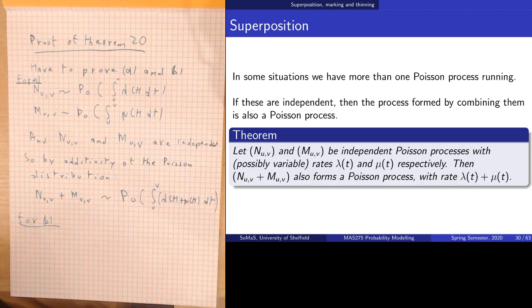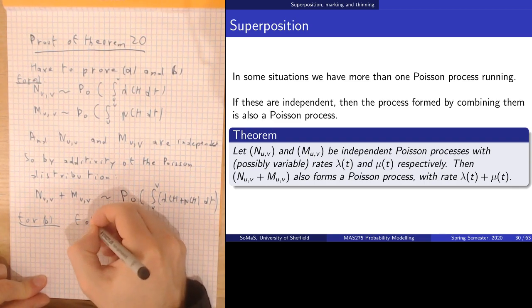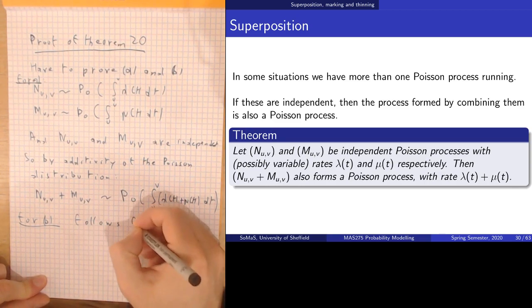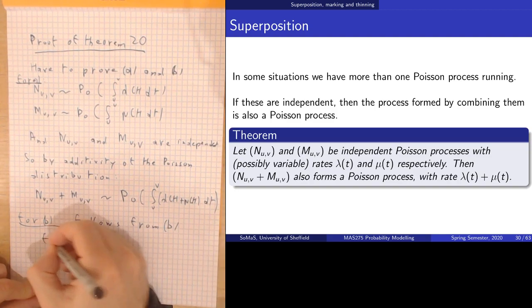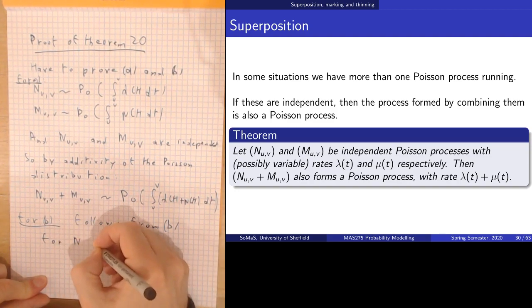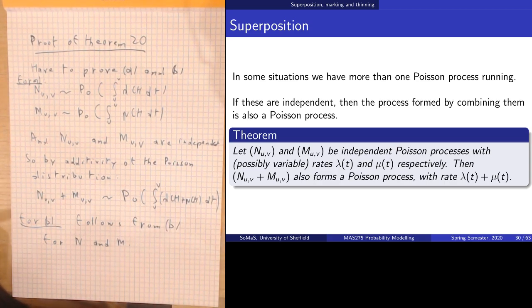B, well, I won't write it down. It follows from B for N and M. So for N, disjoint intervals will yield independent occurrences.